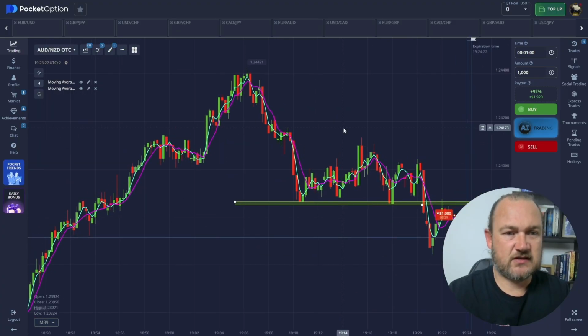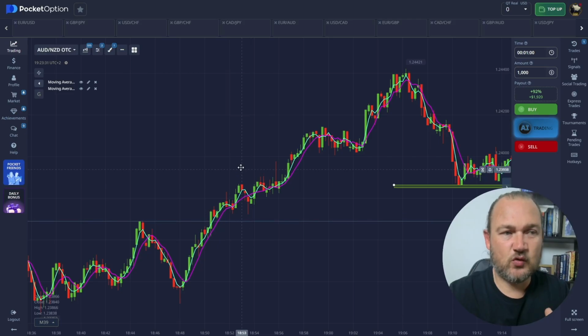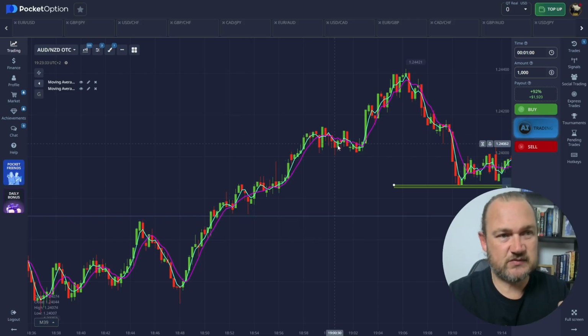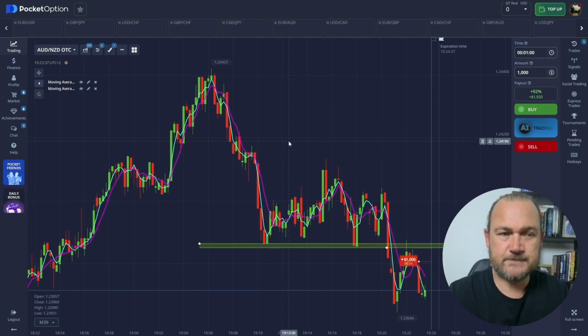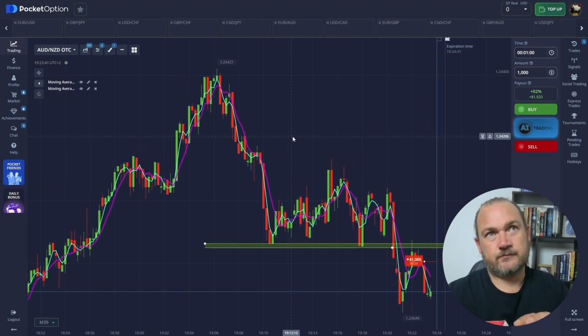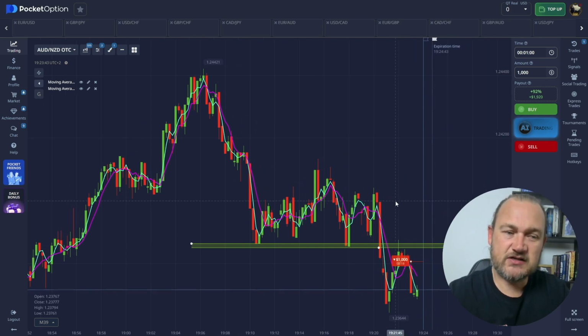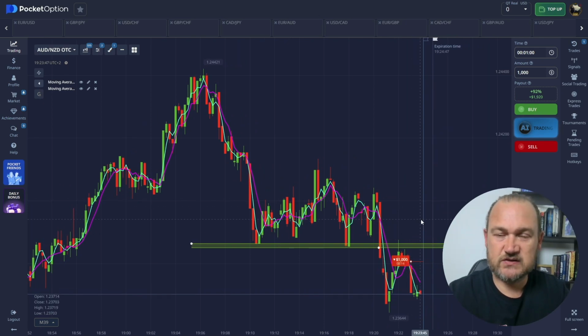While that's running, there will always be corrections in a trend. While price is either moving upwards or downwards, it won't always be beautiful and perfect. It will sometimes be sloppy like this, but there's always corrections in a trend, always. And the strategy we're using is one way of telling whether this is a correction or a reversal.